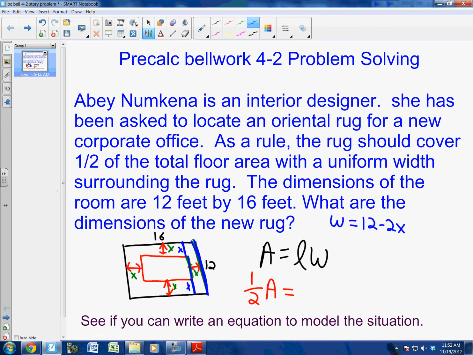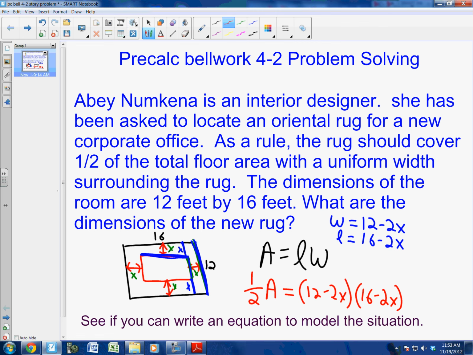So what's the length of this rug right here? 16 minus 2X. So now we have a length equal to 16 minus 2X. Can we substitute those into the equation? Okay, we know 1/2 the area of the original is equal to 12 minus 2X times 16 minus 2X. Do you guys understand that?